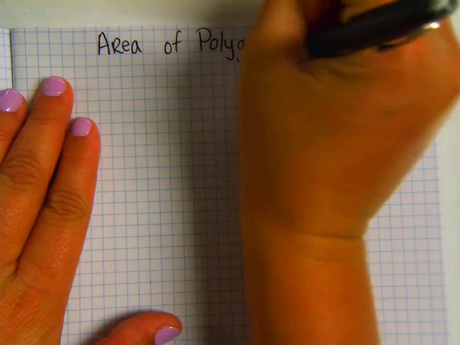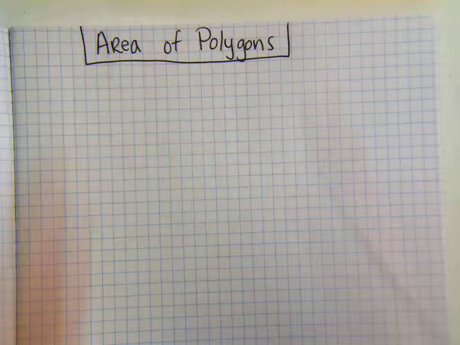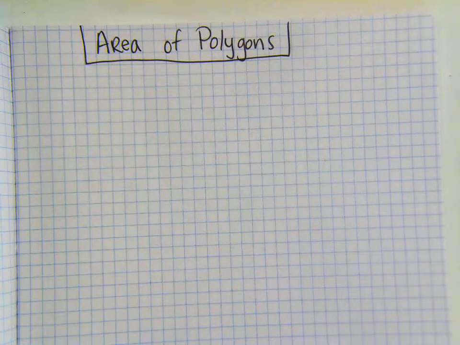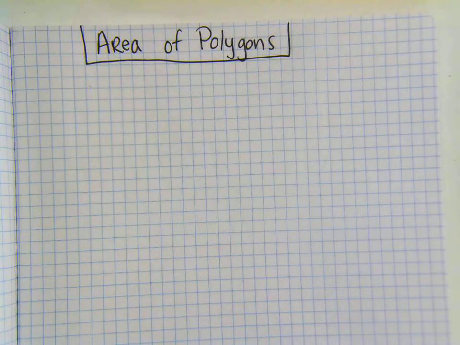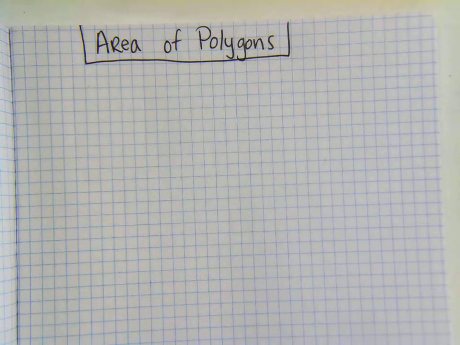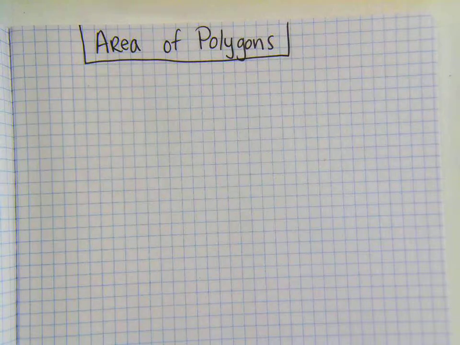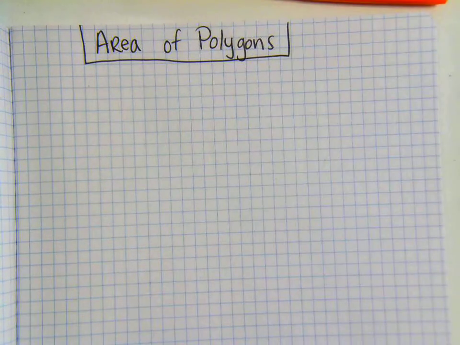So we've done this before. But for this unit, we really need to for sure know how to find the area of polygons. So I just want to review it. And this is going to be on page 70. So we're going to find the area of different polygons. The first polygon we'll find is the area of a right triangle.